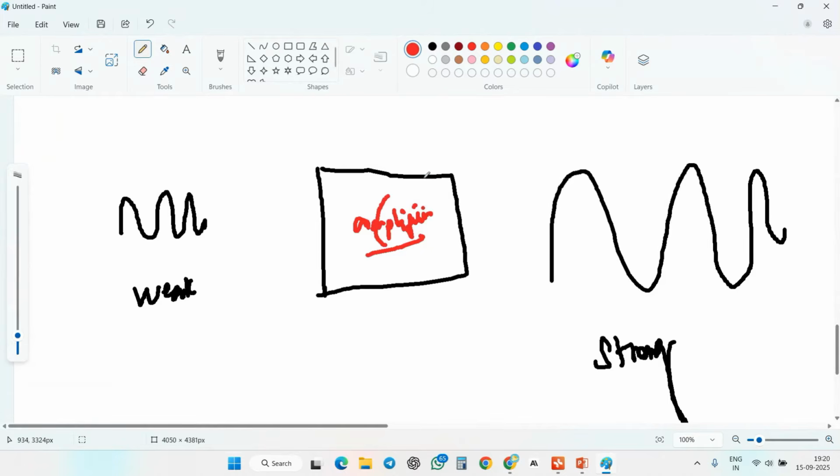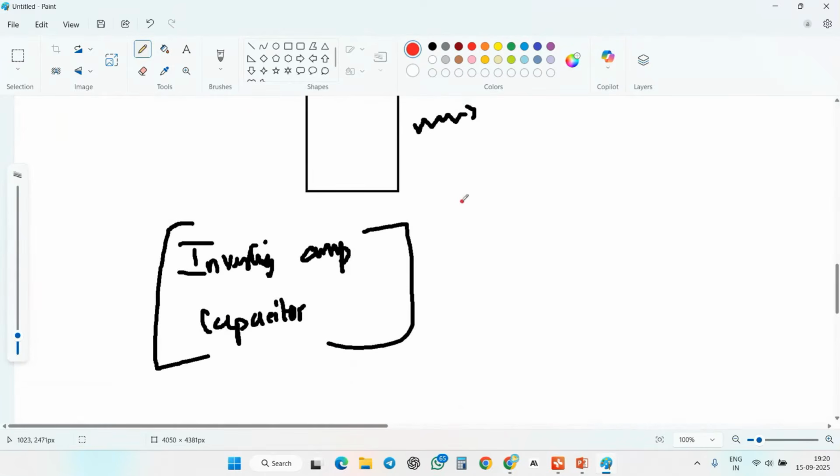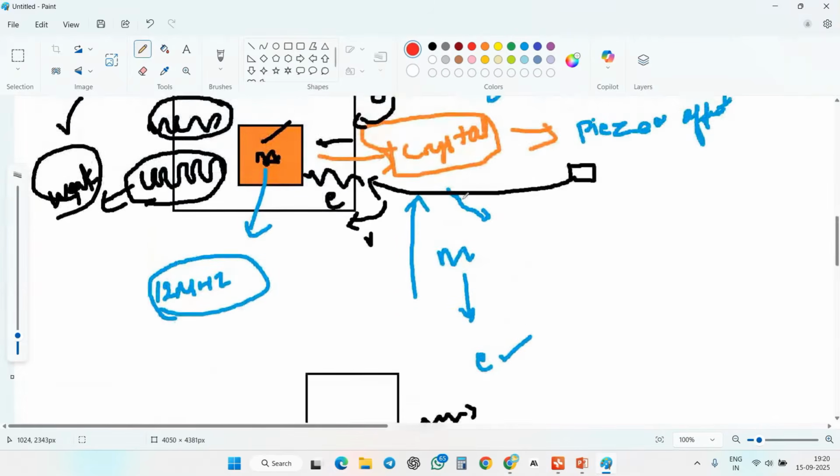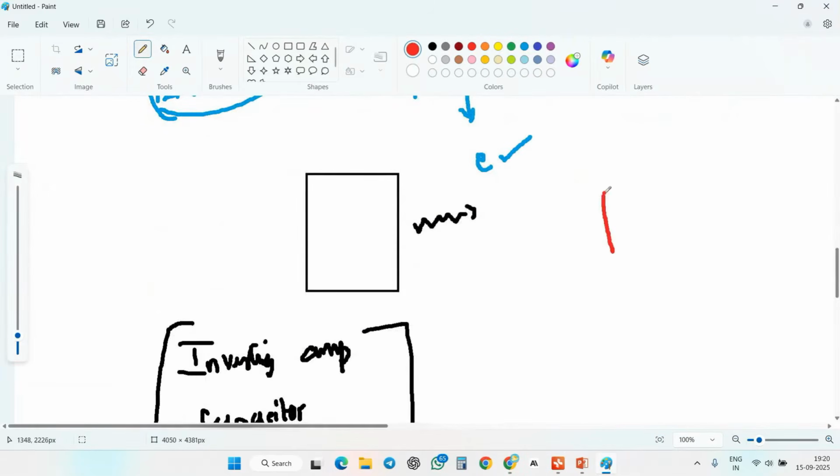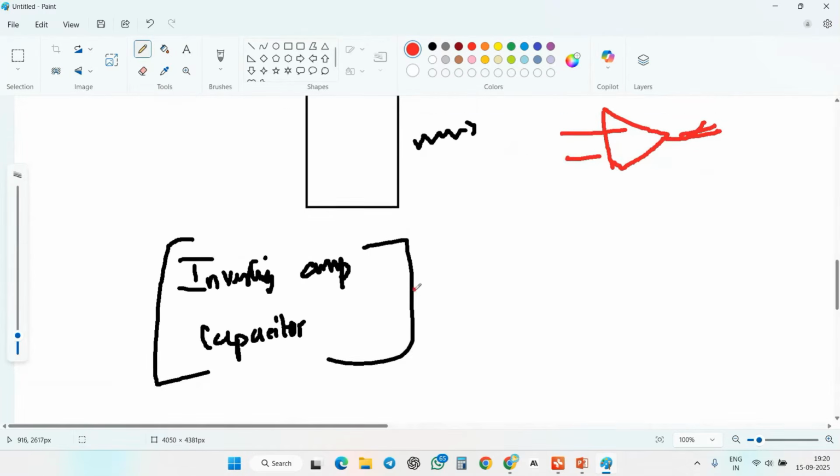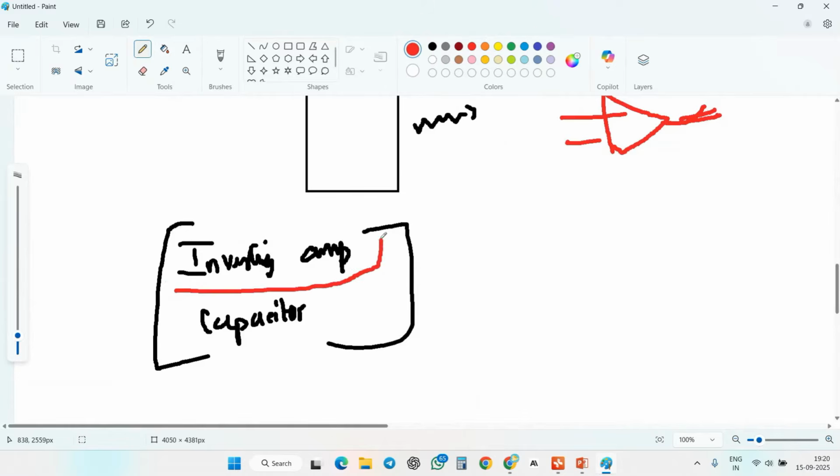In this amplifier, I'm bringing up the operational amplifier. What is the purpose of the operational amplifier? Why do we choose it? We'll see that in the basic electronics concept. But here I'm telling you we are specifically using an inverting amplifier.